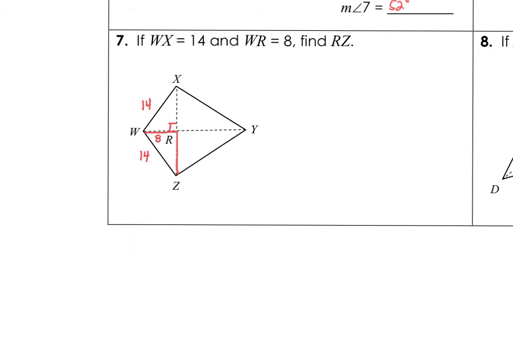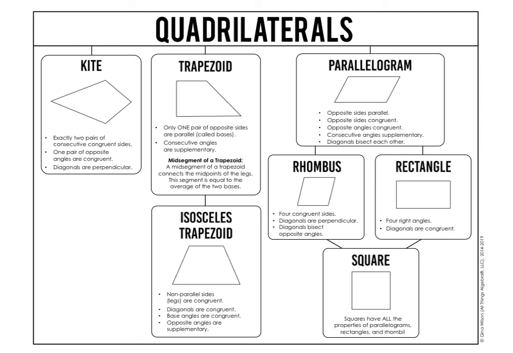And we would be using the Pythagorean theorem to find RZ. Let's call that X. WZ is our hypotenuse, so 14 squared is equal to 8 squared plus X squared. X squared is 132. Therefore, X, if you round to the nearest tenth, is 11.5. So RZ is 11.5. So that concludes all of our work with quadrilaterals.